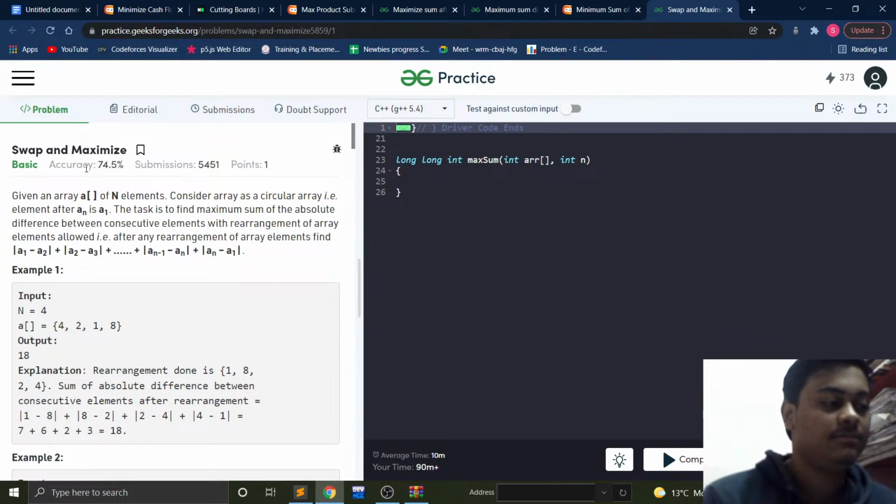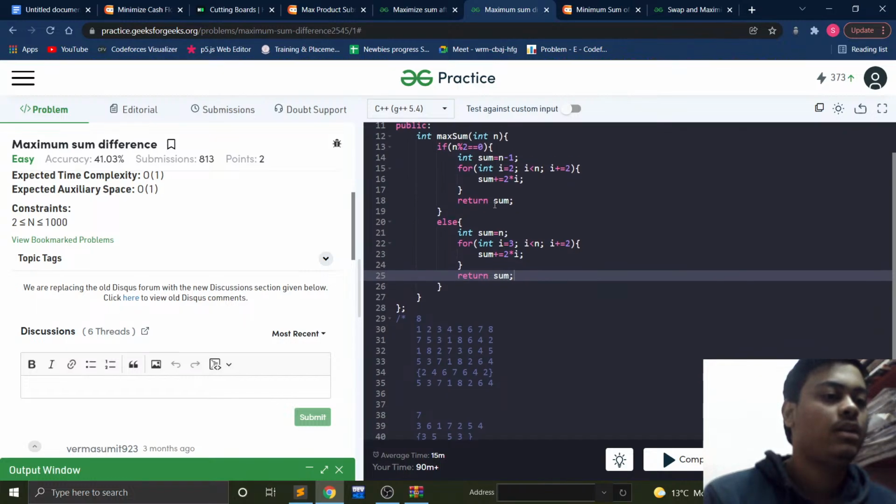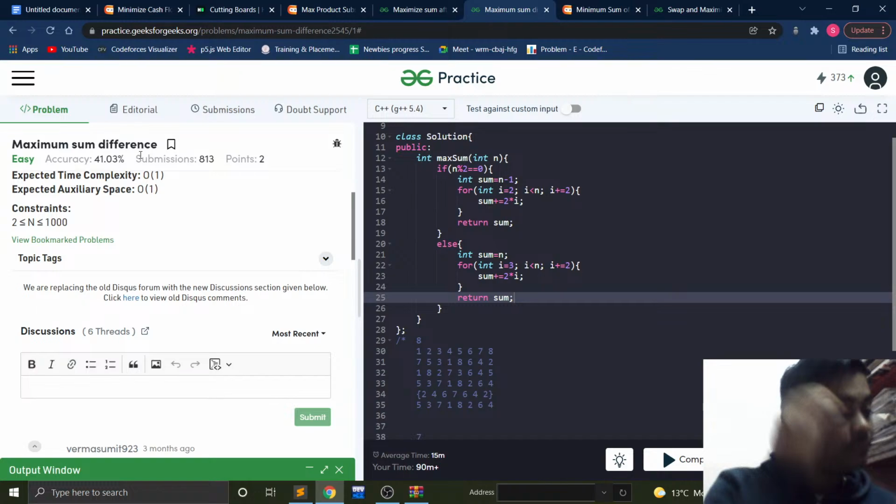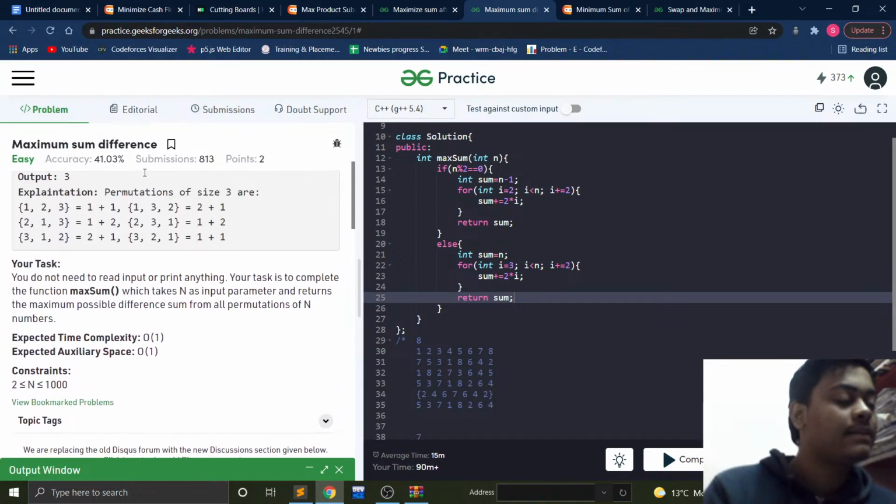How many questions did I solve today? Isn't it somewhat like what we did already? Like in this one, maximum sum difference.